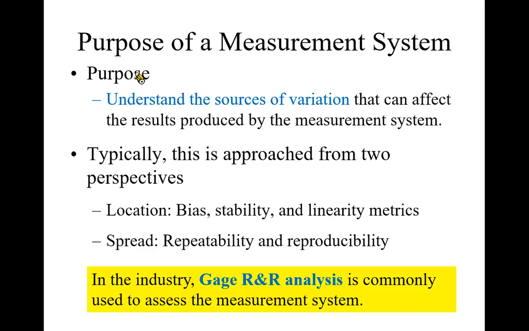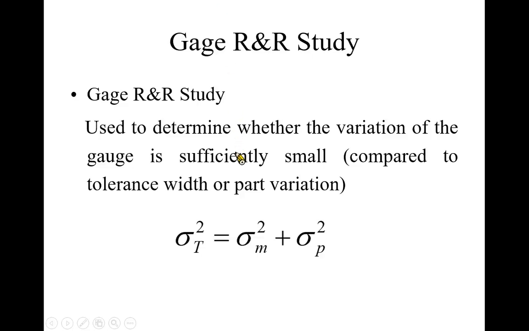In industry, gauge R&R analysis is commonly used to evaluate the measurement system. Let's talk about gauge R&R. Gauge R&R is used to determine if the variance of the gauge, the measurement tools, the measurement equipment, is small enough compared to the tolerance or compared to the part variation.